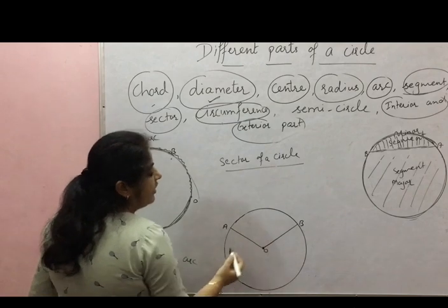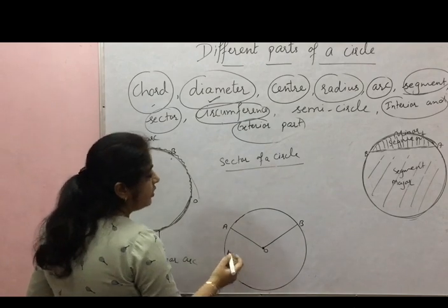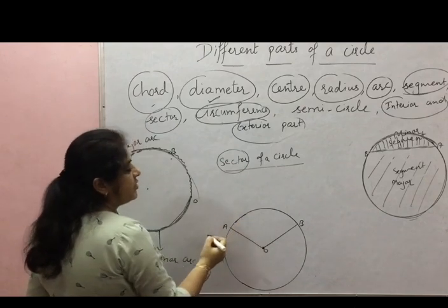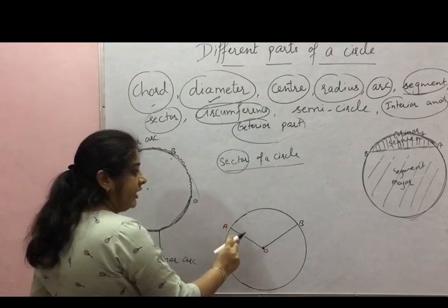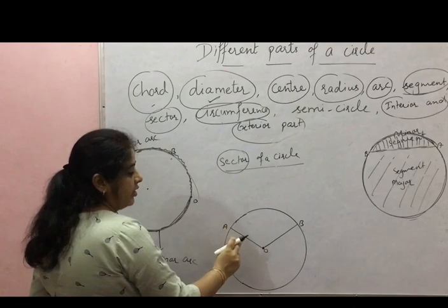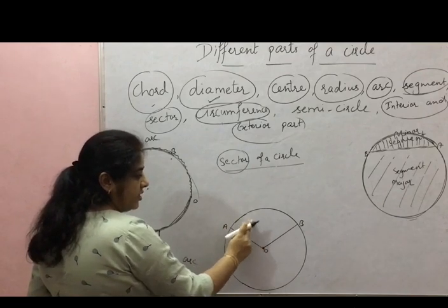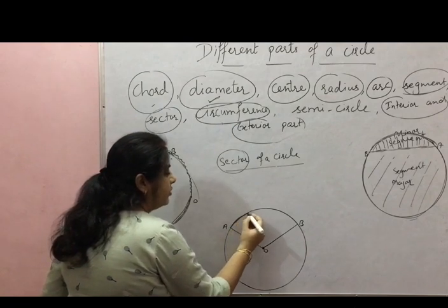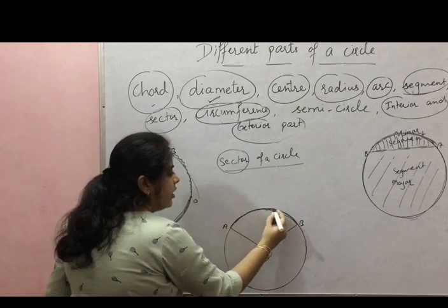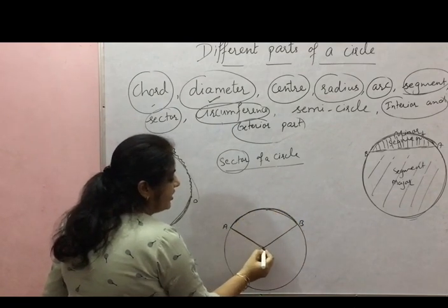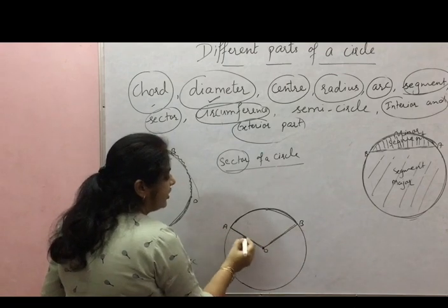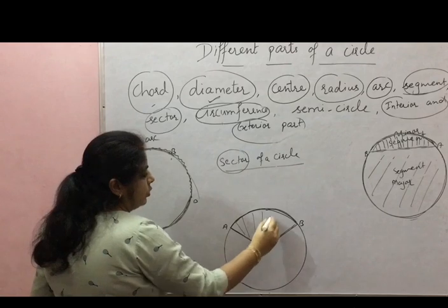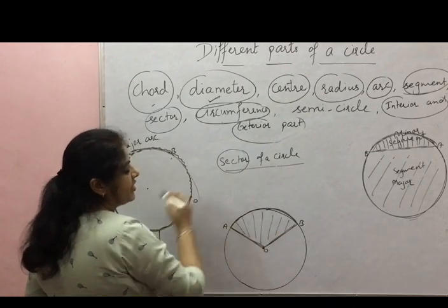OA and OB are the radii of the circle. So what is the sector of a circle? A sector of a circle is the interior part of the circle enclosed by an arc of the circle and two radii of the circle. So this portion is called here the sector.